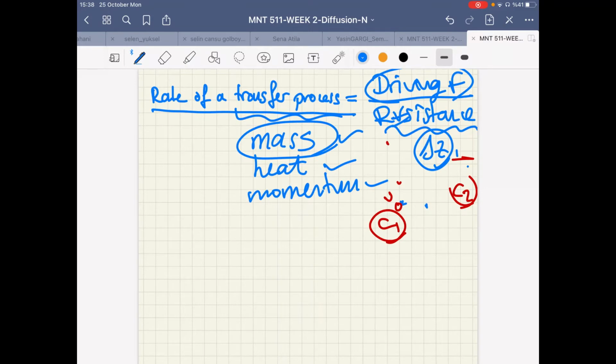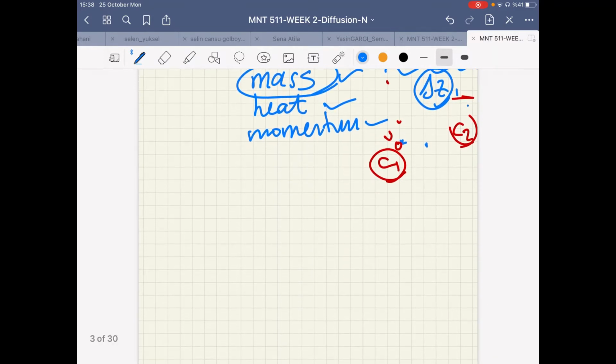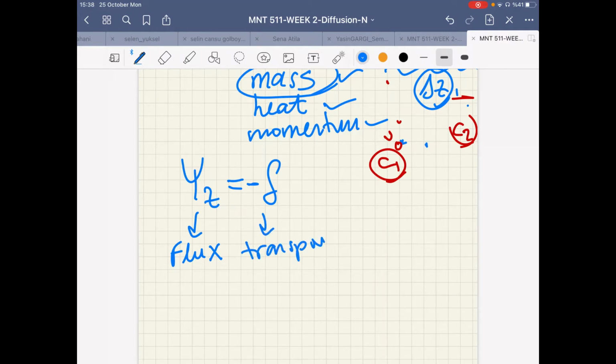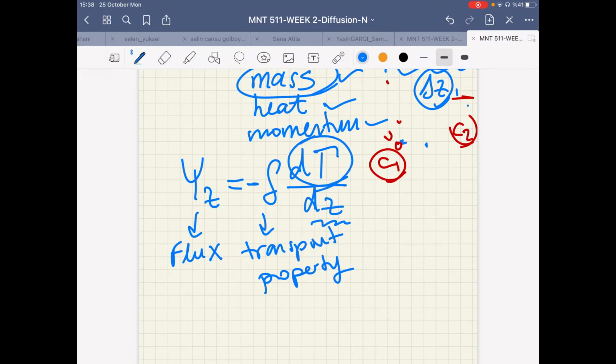And when we try to write what's going on in here, in general, this can be described as flux, and it's a negative term, which is important, and this is my transport property, and this is my thickness, and this is the transferred property, whatever we're transferring, mass, heat, momentum.